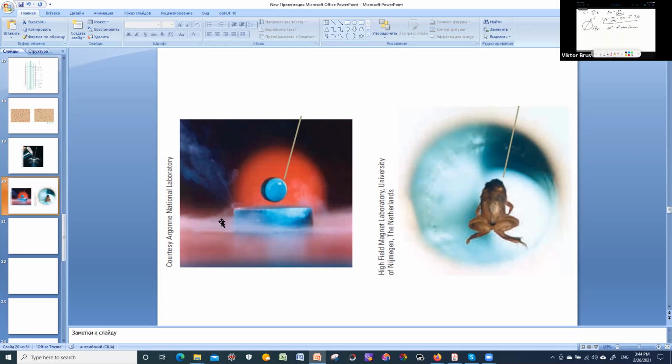What we see here in this image: if we place some permanent magnet on top of a superconducting material, which is cooled down to liquid nitrogen temperature, then this permanent magnet can just levitate without touching the surface of the superconductor.